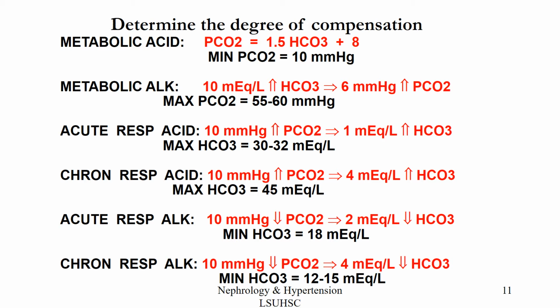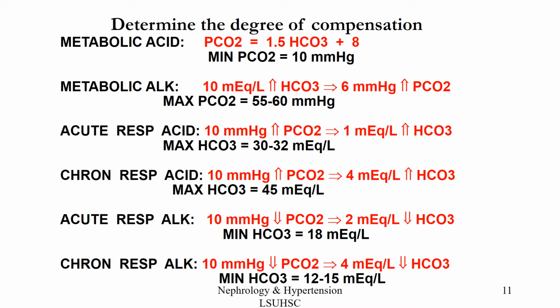So all you have to remember is the Winter's formula for metabolic acidosis, 1.5 times the bicarbonate plus 8 gives you the PCO2. The metabolic alkalosis, for every 10 milliequivalent change in bicarbonate, look for a 6 millimeter change in PCO2.